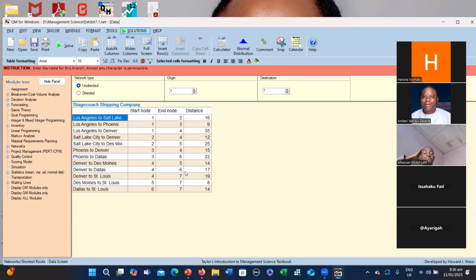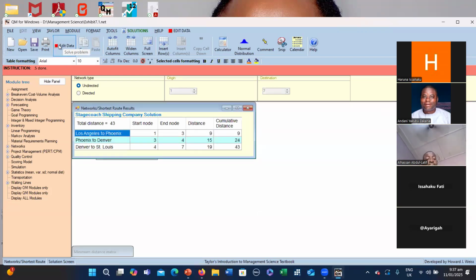You see at the top, origin, you see 1. Then destination, you see 7. So if I run this, it will give me the shortest route from node 1 to 7. So let me solve it.